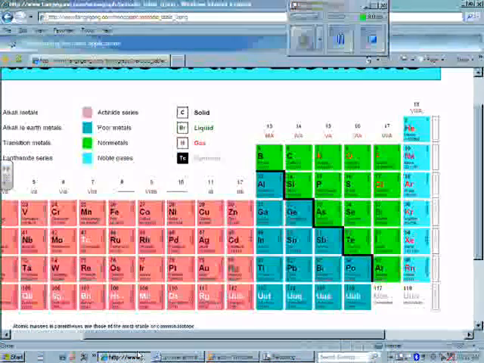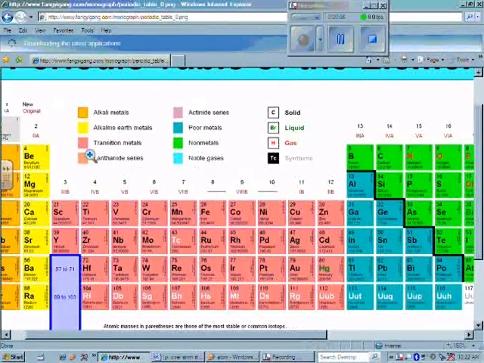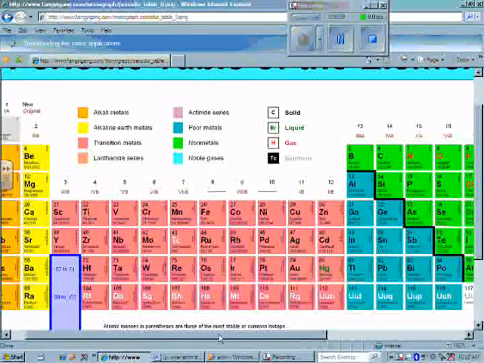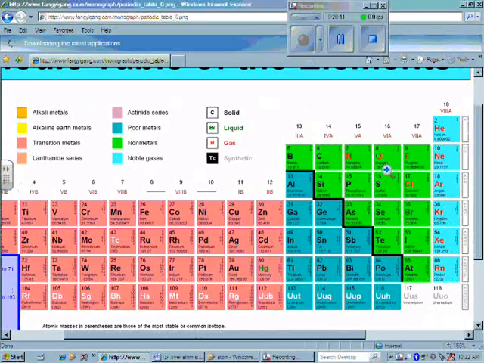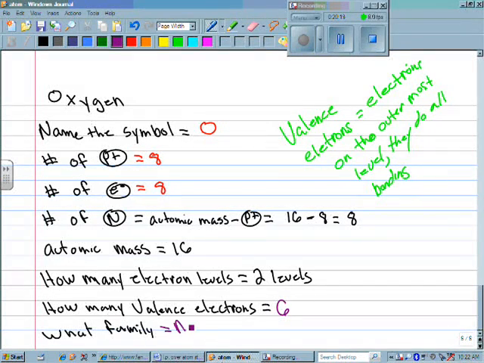And what all that means is what color. See how there's different colors? And the color code is right here. Okay? So oxygen is green. Okay? So it is a nonmetal.